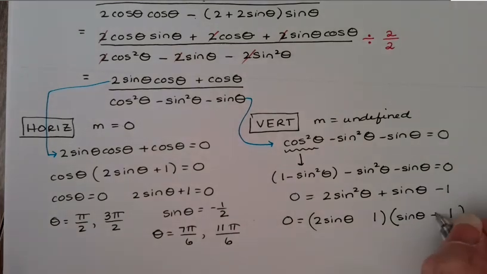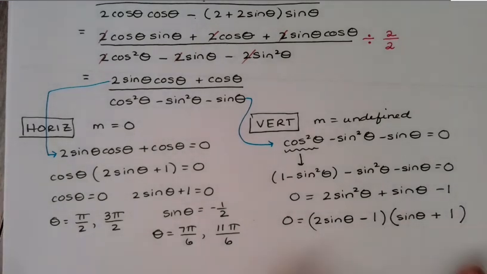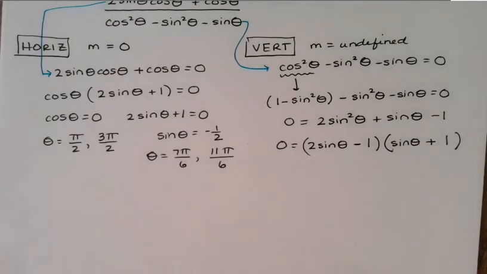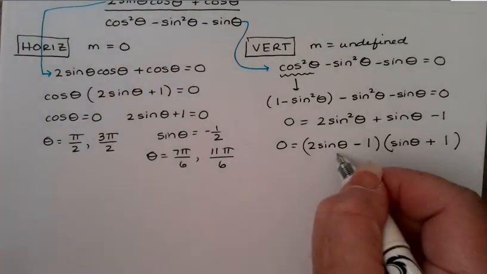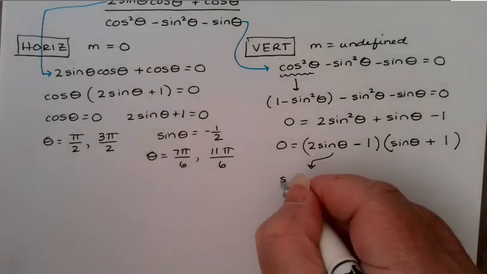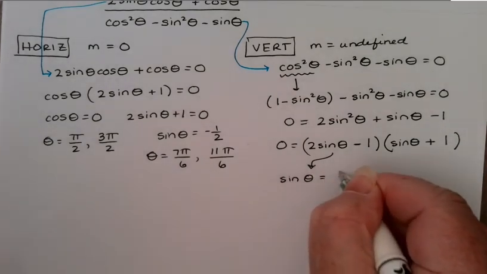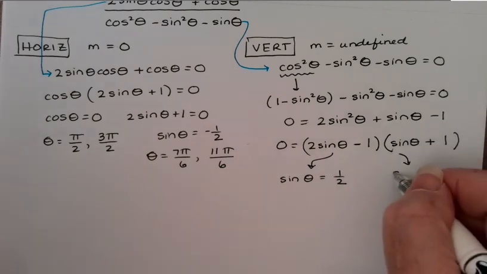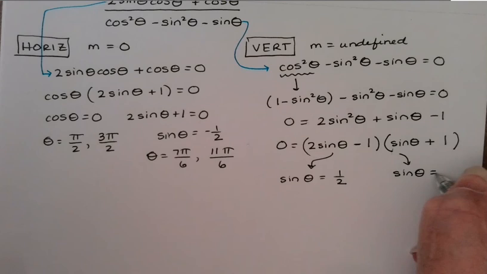So I think if I go with plus here and minus there, that's a 2 sine theta minus 1 sine theta is 1 sine theta. So we got it. All right. If 2 sine theta minus 1 is 0, sine theta would be 1/2. And if sine theta plus 1 is 0, then sine theta is negative 1.